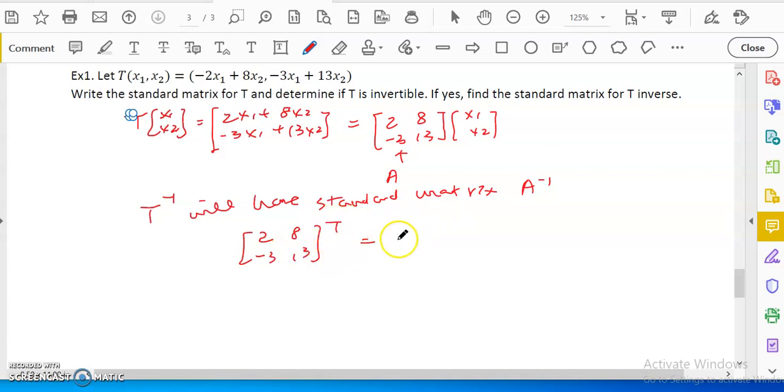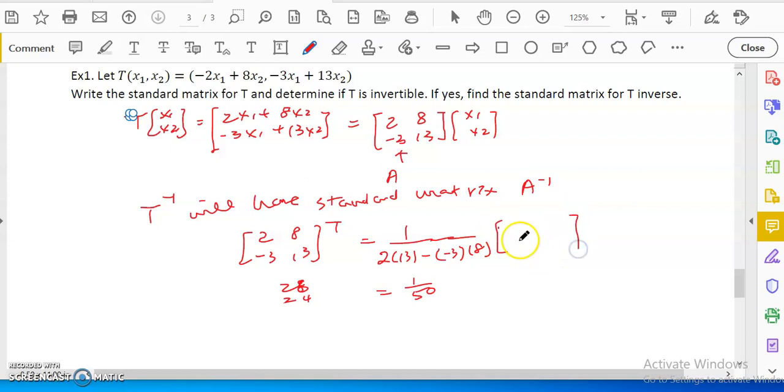Because it's a 2 by 2 matrix, we can actually calculate it. First of all, calculate ad minus bc. So it's 2 times 13 minus negative 3 times 8. So that would be 26 plus 24. So that's 1 over 50.